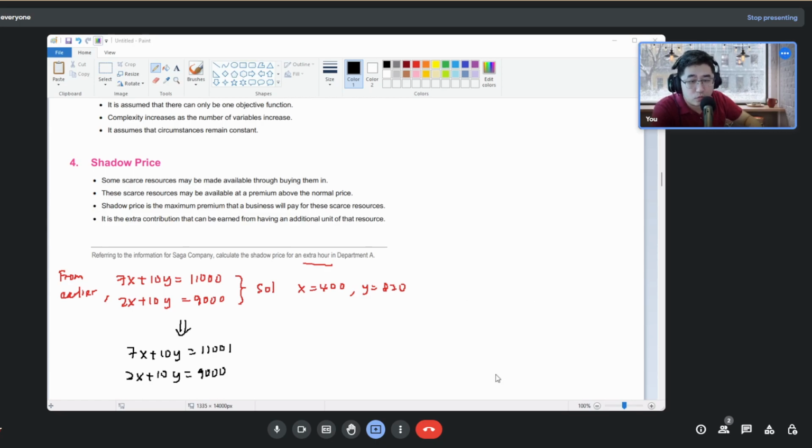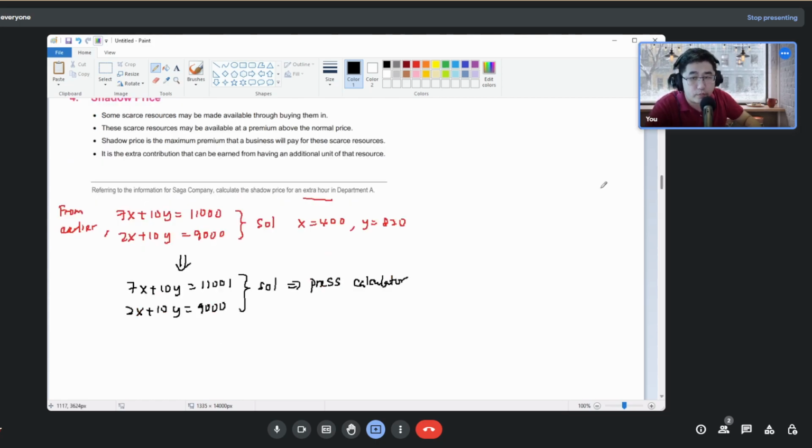So what we're going to do now is still solve the simultaneous equations by pressing the calculator.